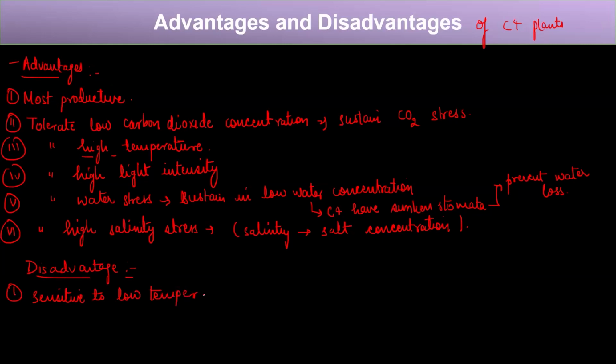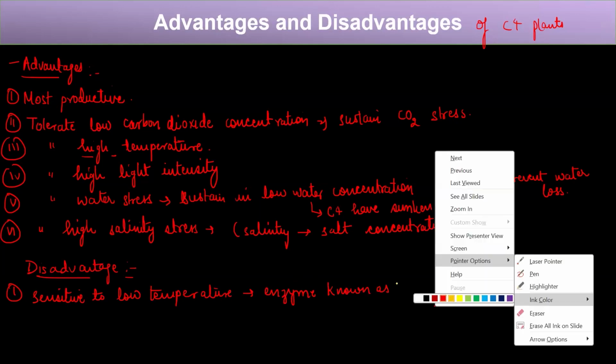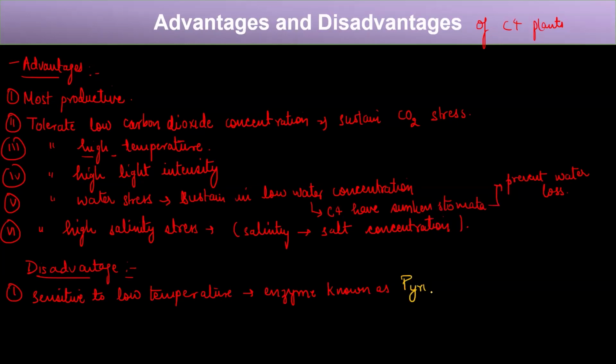And this is because C4 plants have an enzyme known as pyruvate dikinase. This enzyme, pyruvate dikinase, plays a role in photosynthesis.